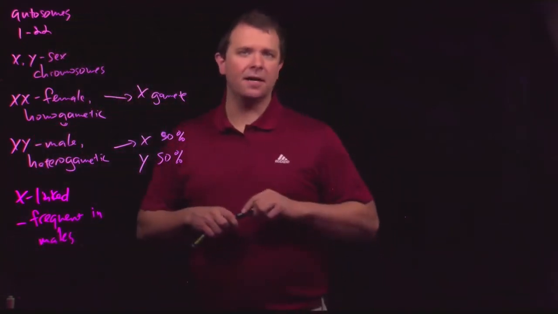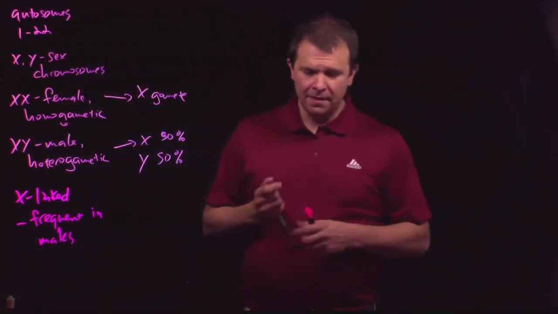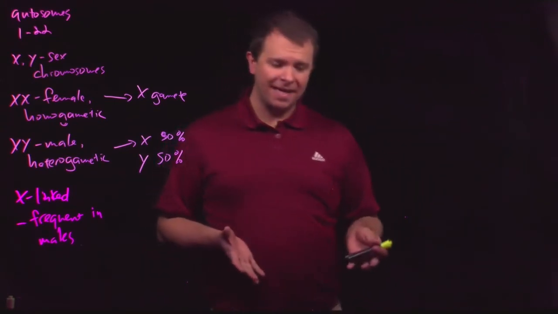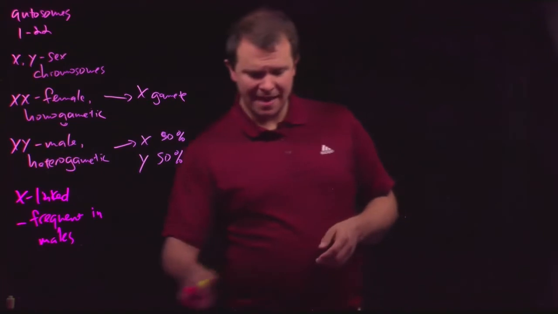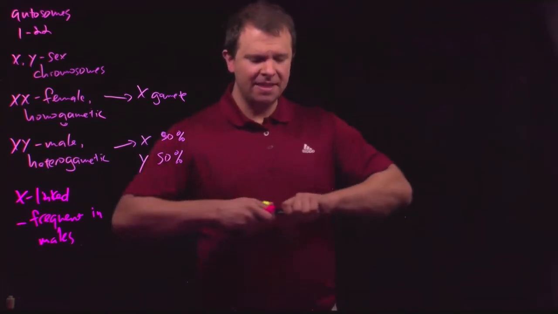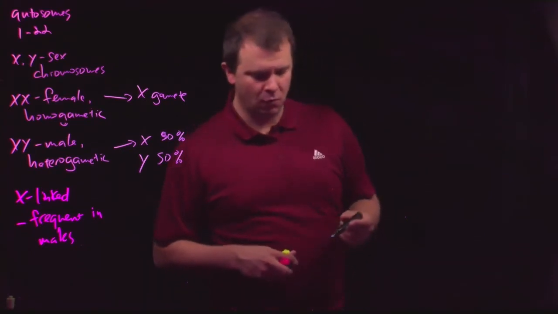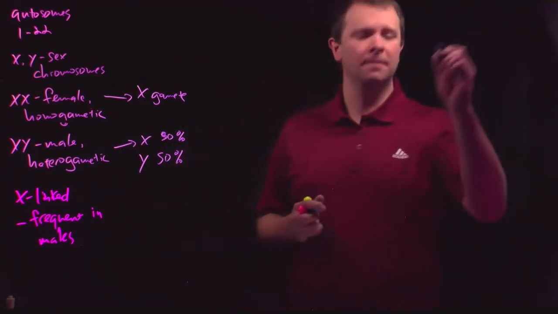Let's consider a concrete example of this, which is the disease Fragile X syndrome. Fragile X is a recessive X-linked genetic disease caused by a triplet repeat expansion in the FMR1 gene on the X chromosome.